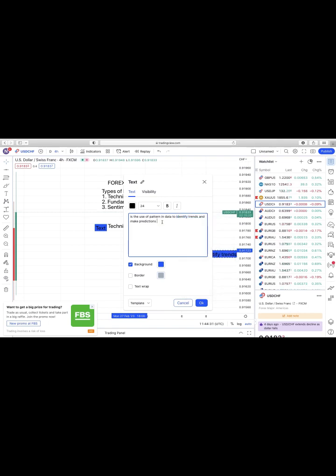It is the use of patterns, and when we are talking about data, here we are talking about the price movement in this scenario.